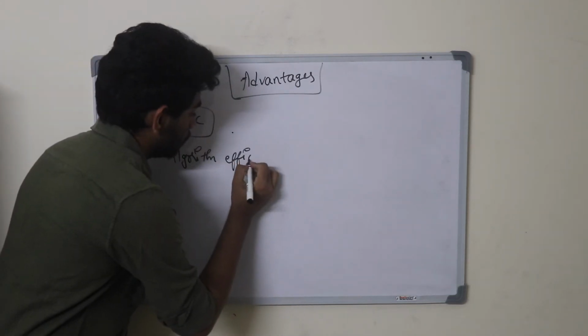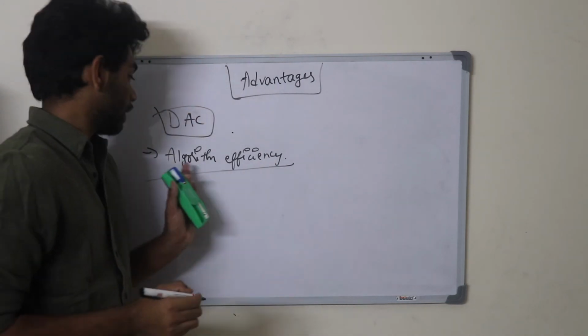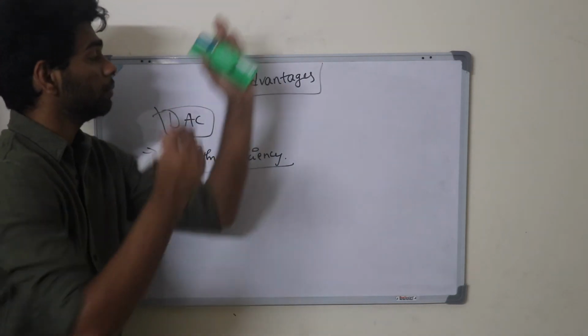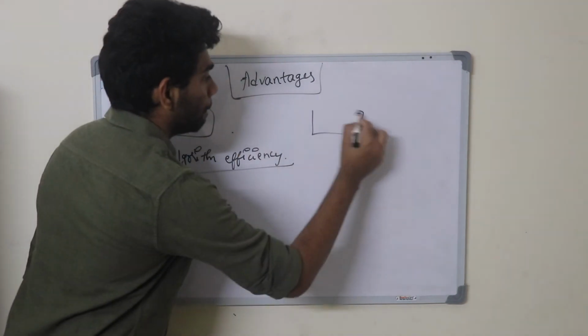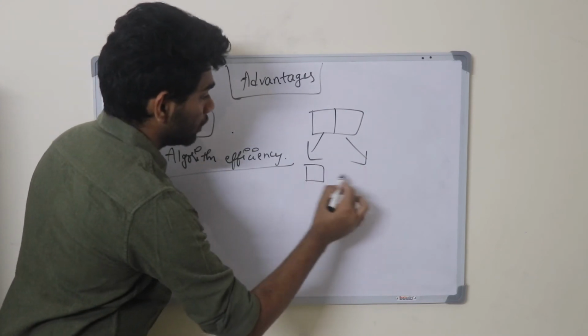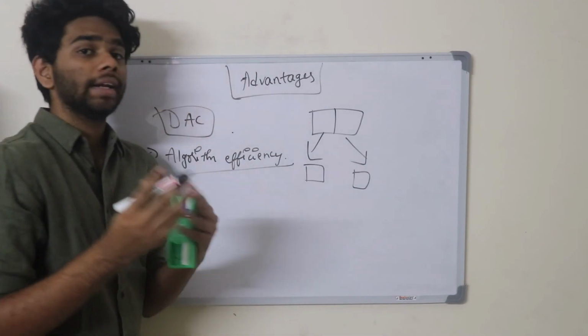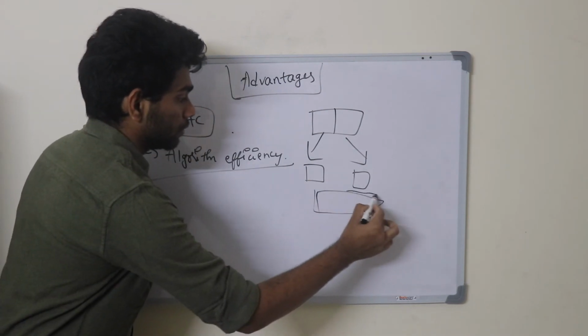Why is algorithm efficiency a major advantage? The main problem is divided into two subparts, and those subparts get solved and combined in the last step to get the desired output.